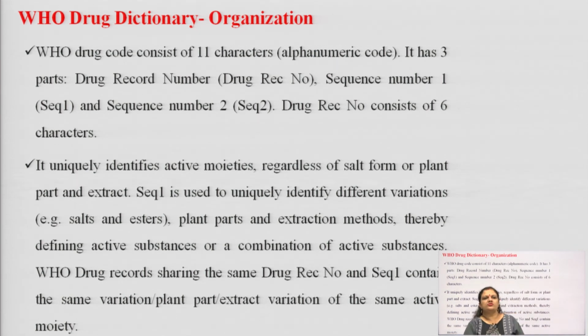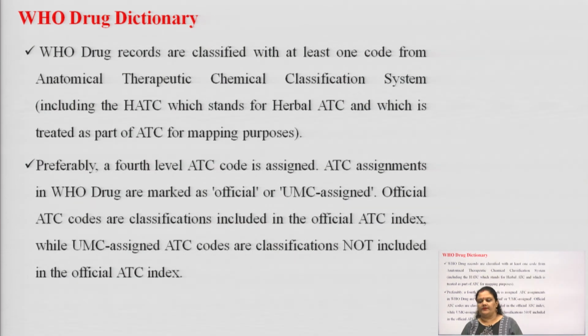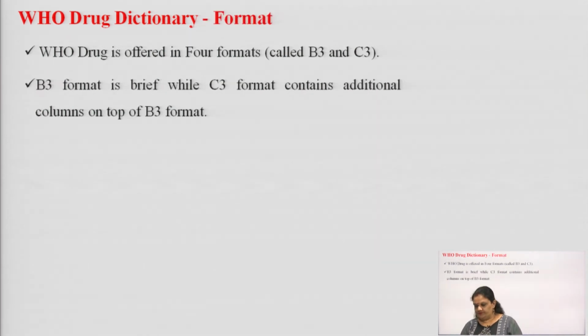So, WHO drug records share the same drug record number and sequence 1, which contain the same variation, plant part and extract variation for giving the information about the active moiety. Now, WHO drug records are classified with at least one code, which is as per the ATC system of classification.